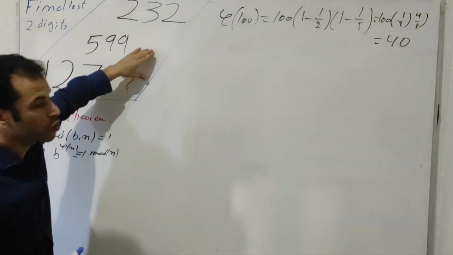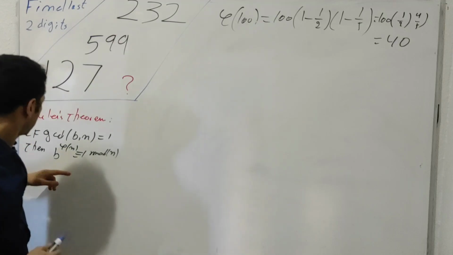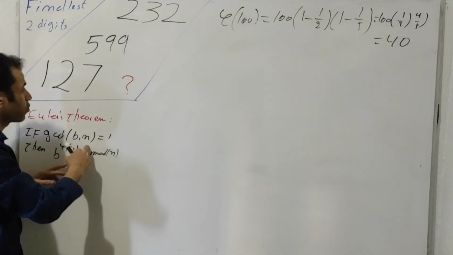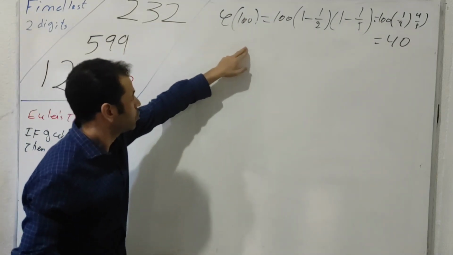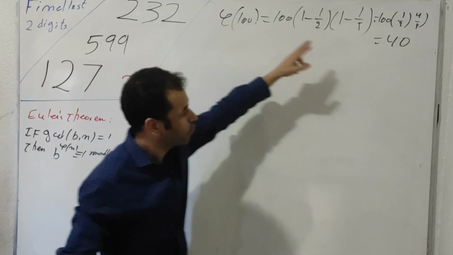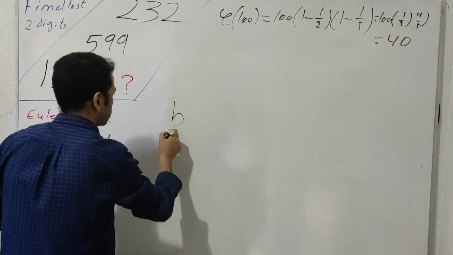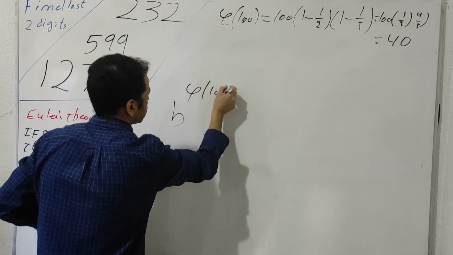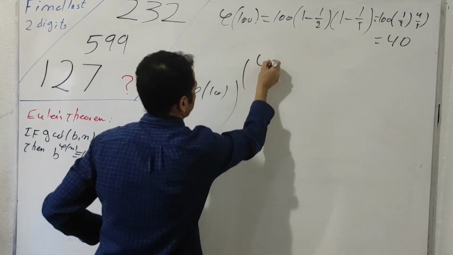Okay, going on with this problem, I have 2 levels here. I'm going to use this formula on 2 levels. The first level, I have phi of 100 and we'll calculate phi of 40. If I have B as a base, phi of 100, then I'm going to take this one as a base as well to calculate phi of 40.